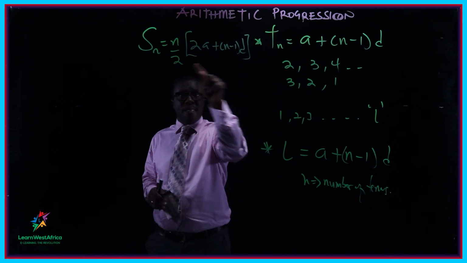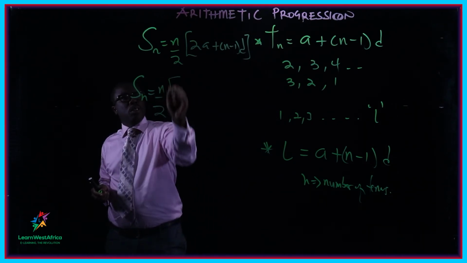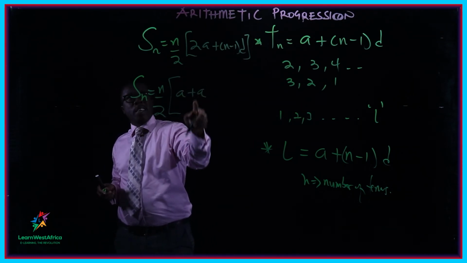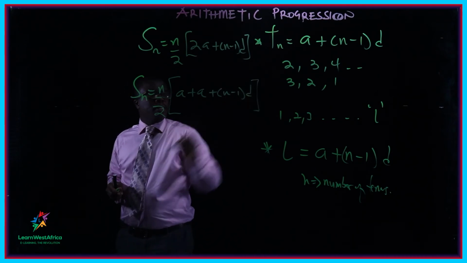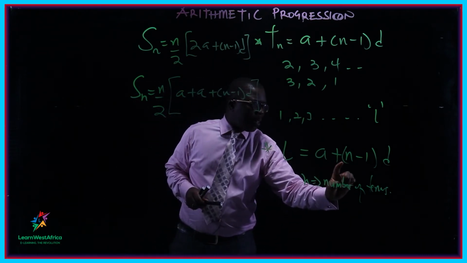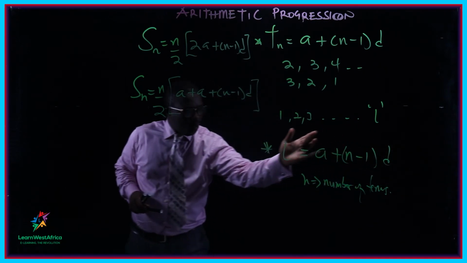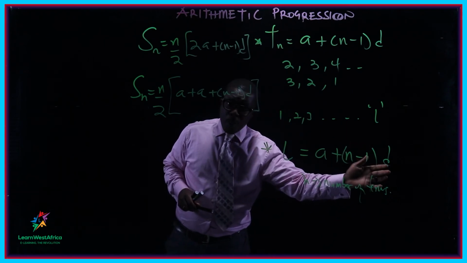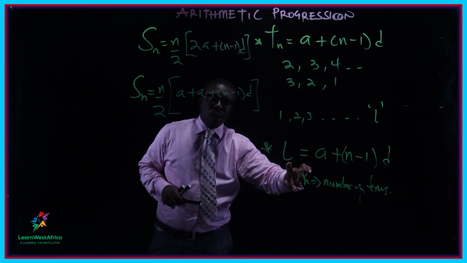When you look at this, this Sn could be written as n over 2 into bracket, let's split this, a plus a, which gives you 2a, plus (n minus 1)d. Now, since we know that the last term is a plus (n minus 1) all multiplied by d, we can take the whole of this, a plus (n minus 1)d, and from this point we are saying that it is equal to L.